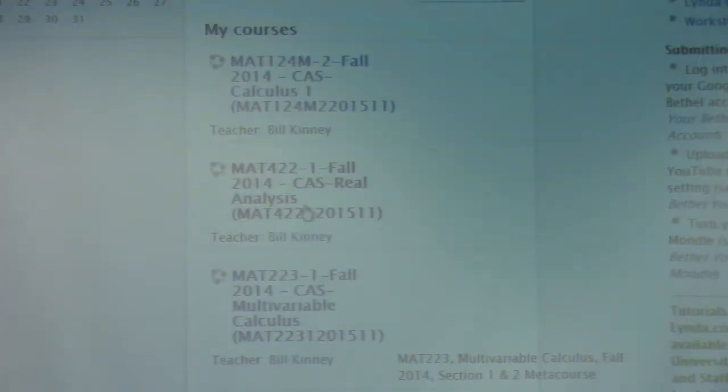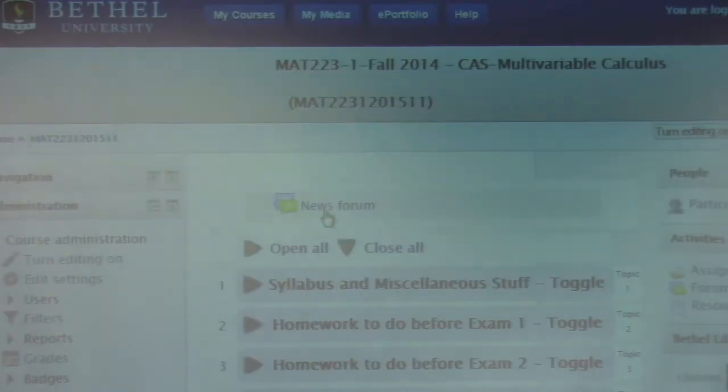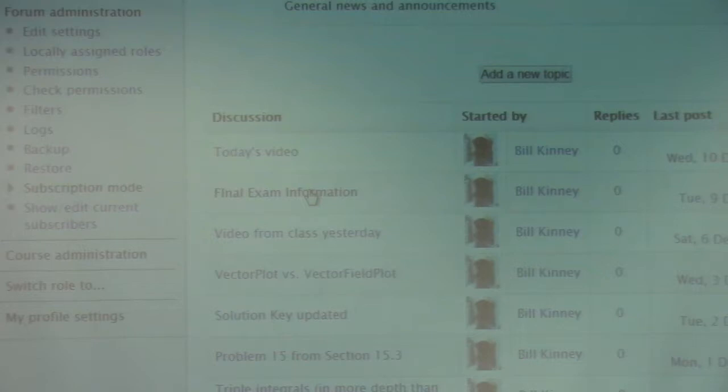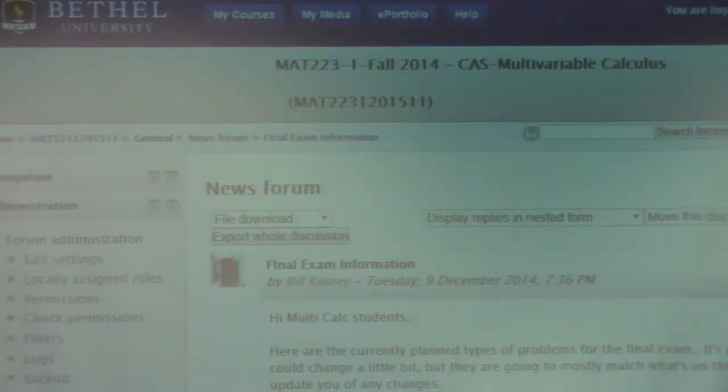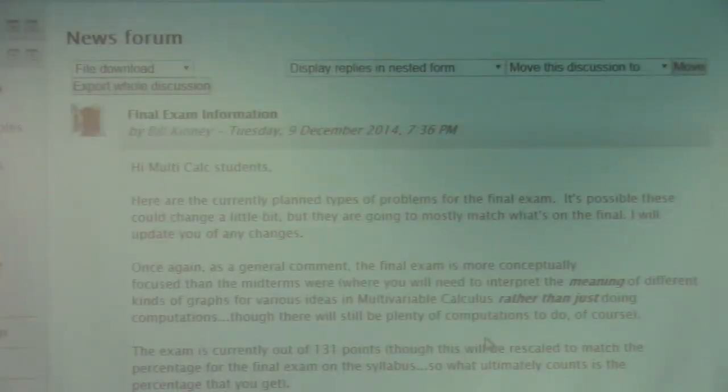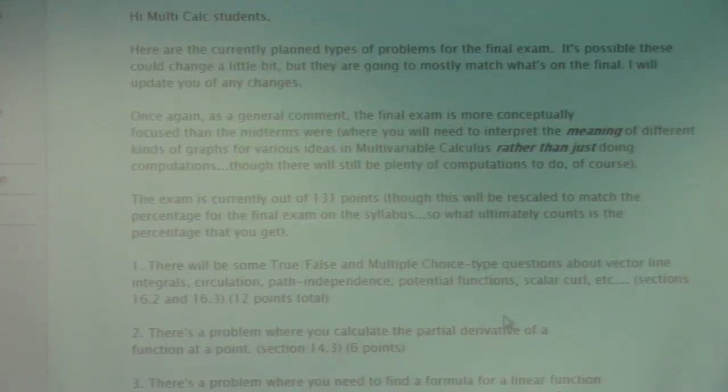So let's look at that list of problem types that I sent you. I haven't written the final exam, so I'm not absolutely positive these are going to be the exact questions. I might make a few tweaks here and there. As it stands, it's currently what I'm planning. Probably it won't change.